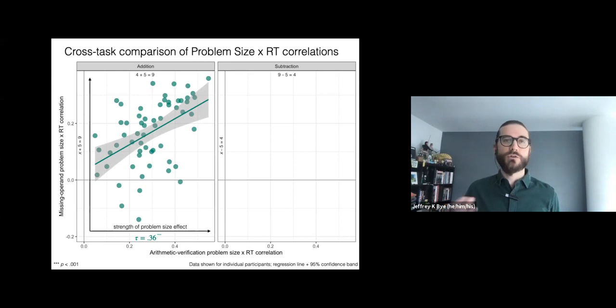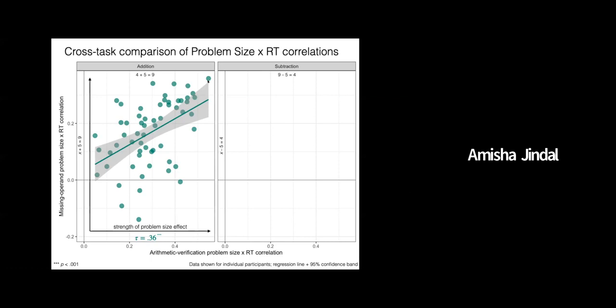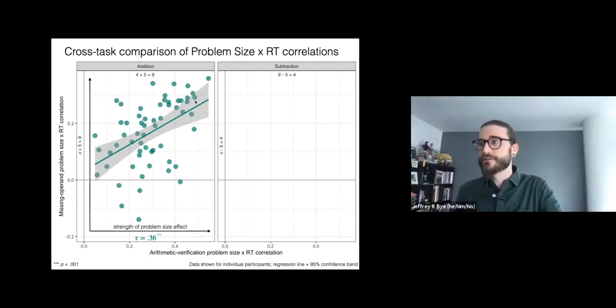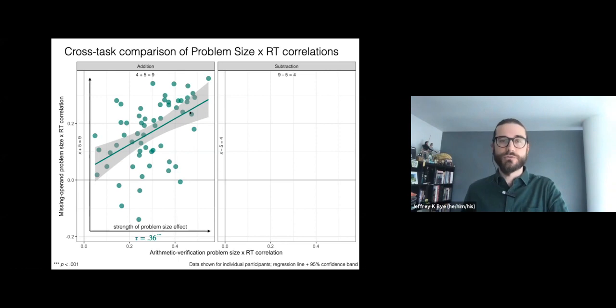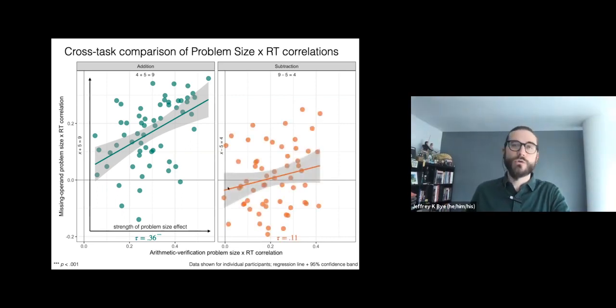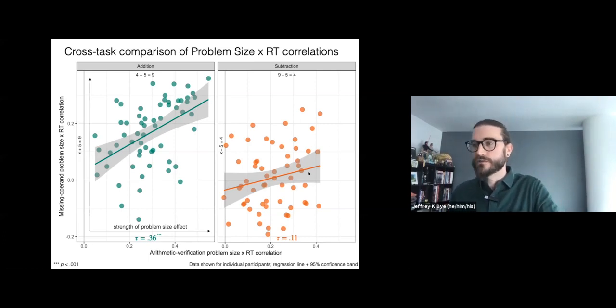For addition problems, we see an overall positive trend here. Participants who are high on the problem size effect for arithmetic verification tend to be high for missing operand as well. This is a significant correlation overall, although you see some individual variation, especially on the missing operand problem. For the subtraction problems, there's no overall aggregate trend, but there are individual differences, especially on the missing operand problem.